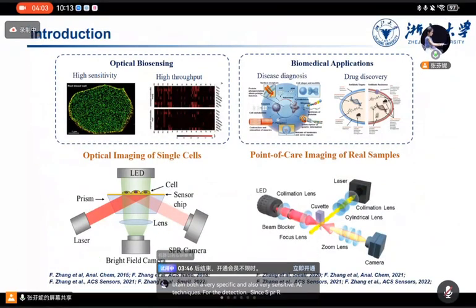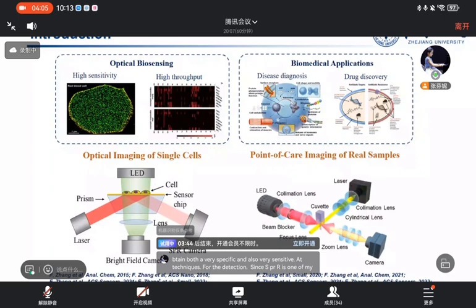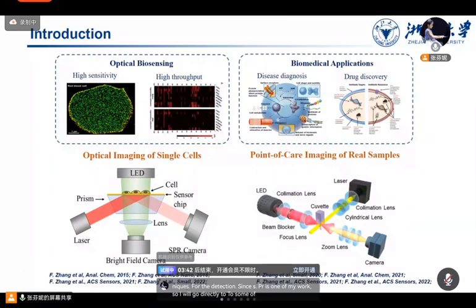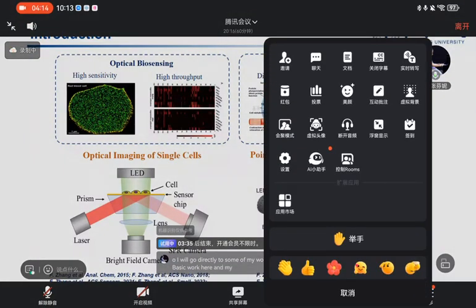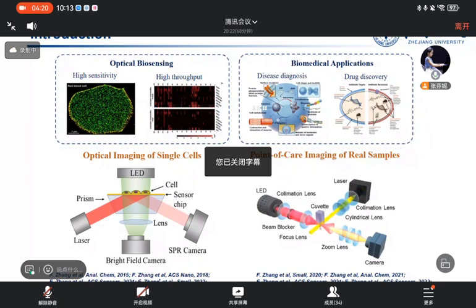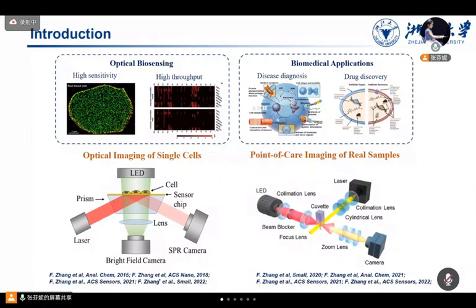Since SPR is one of my works, I will go directly to some of my work here. My research focus is that we are trying to build some label-free techniques and also some optical instrumentation. We are trying to solve clinical issues.